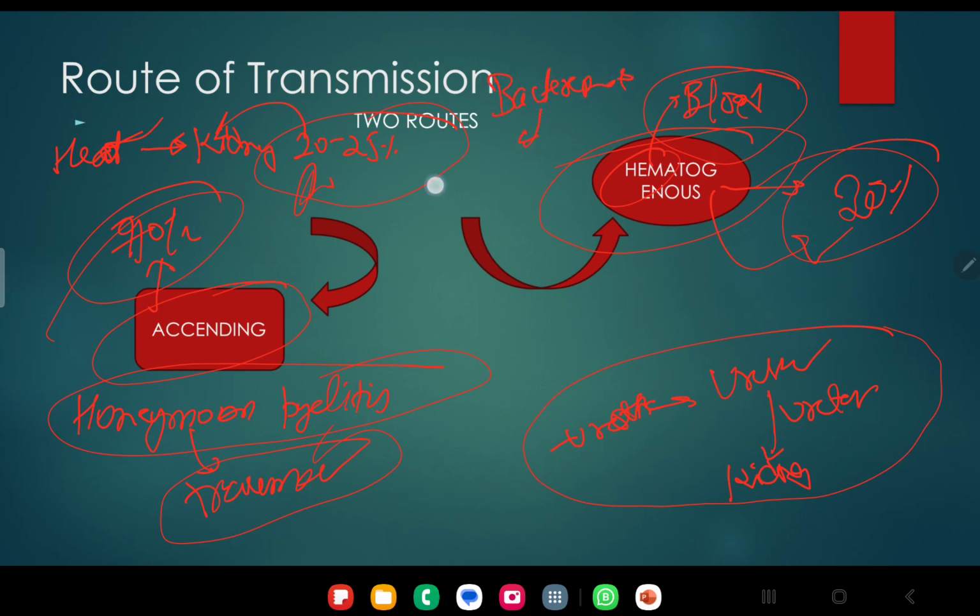This further induces inflammatory changes, which lead to pyelonephritis. So we have two routes of transmission, ascending and hematogenous, and we completely understand the pathology behind them.